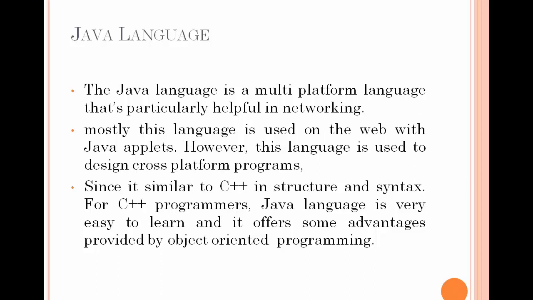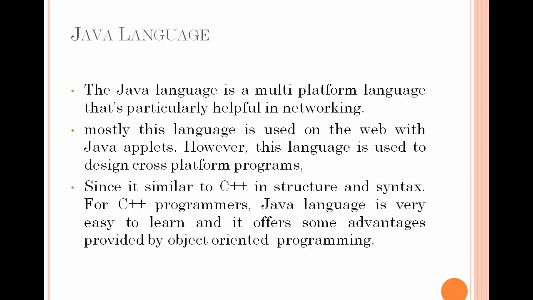The Java language is a multi-platform language and it is particularly helpful in networking. Mostly this Java language is used on the web with Java applets. The Java applets are some built-in functions the Java language provides, and this language is used to design cross-platform programs.